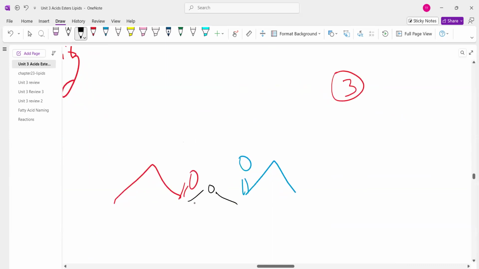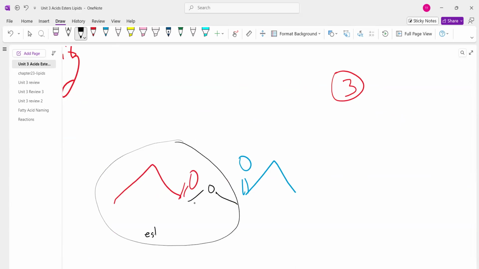So here is ester 1, and here is ester 2.